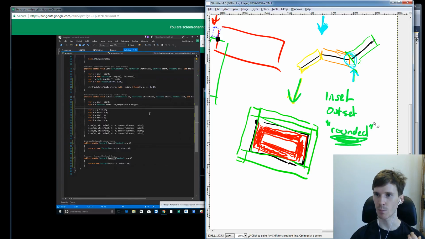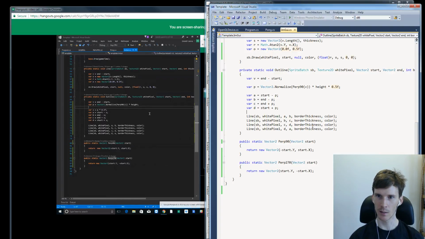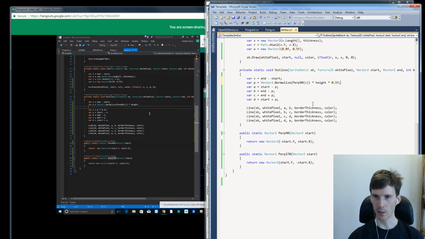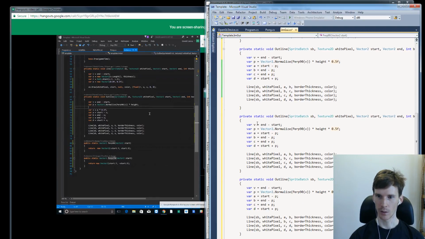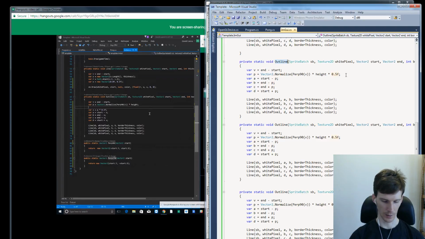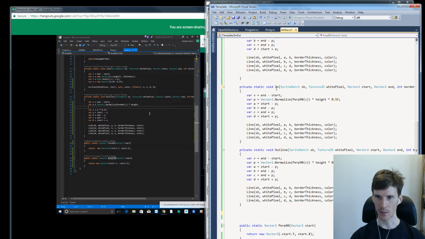All right. Let's bring up the editor. So what have we got here? We've got all of that. So let's copy this. We'll call them inset and outset, outline I guess.